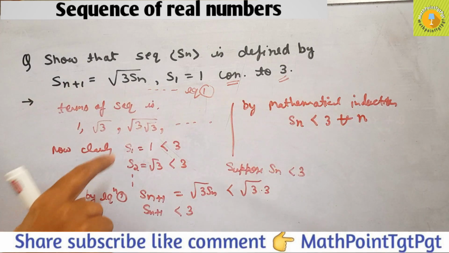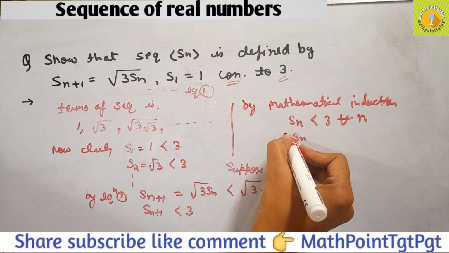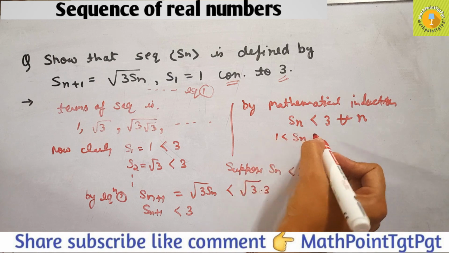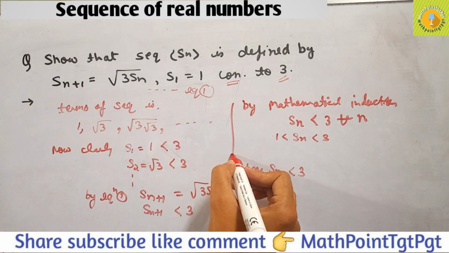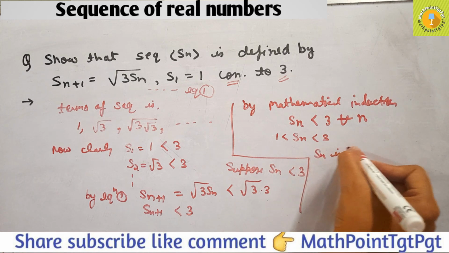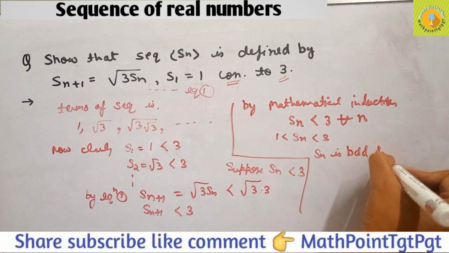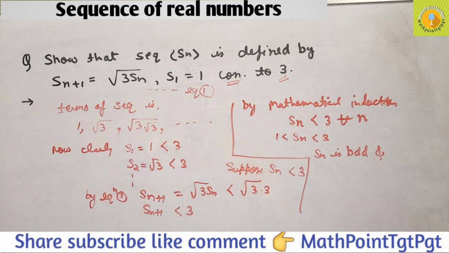Now clearly all these terms are also greater than 1, or 0. So Sn is bounded between 1 and 3. Also this sequence is in increasing order.